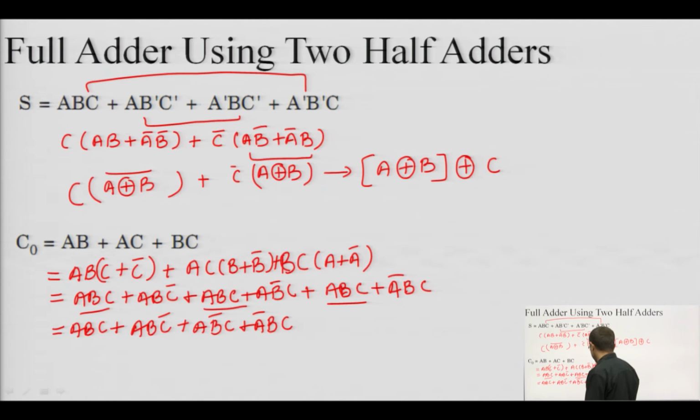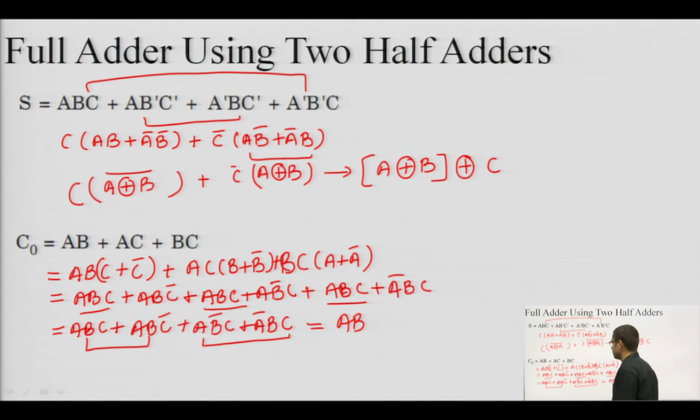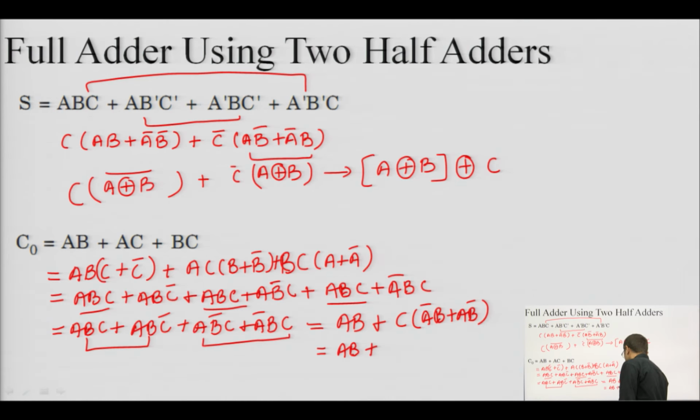We can see that from the first two terms A B is common, so this can be written as A B, with C plus C bar eliminated as it is equal to 1. From the last two terms we can take C common to generate A bar B plus A B bar. That means it is equivalent to A B plus C times A XOR B.